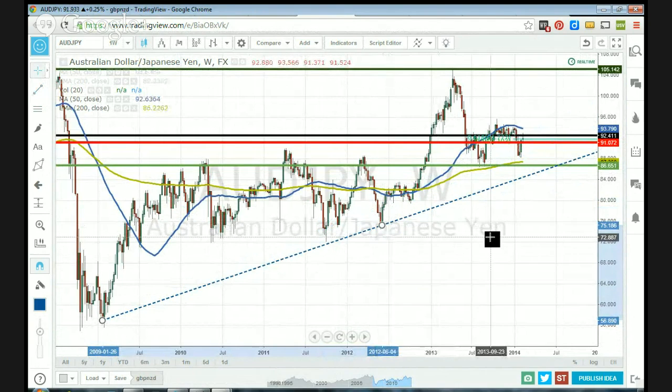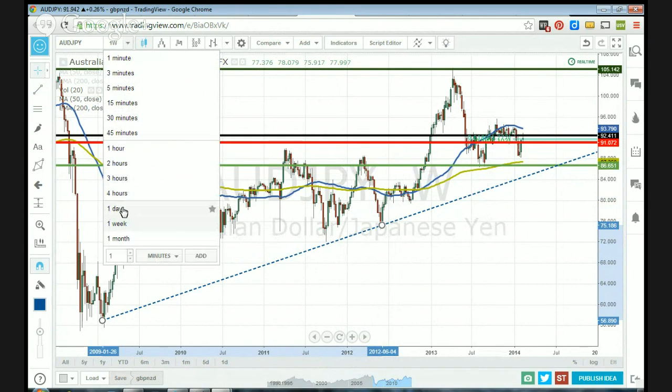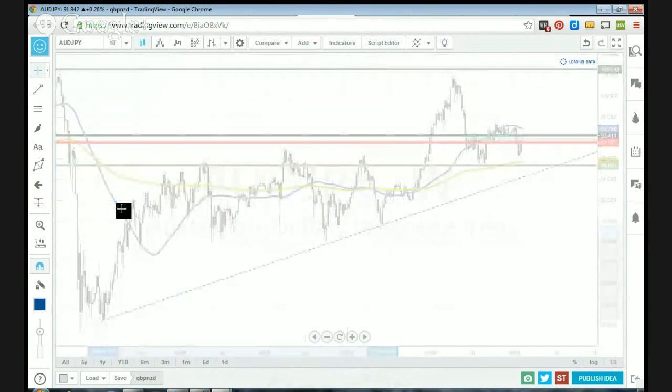So that's one trend line. Well, I'm not seeing this clearly. This doesn't scream like a great setup for me.